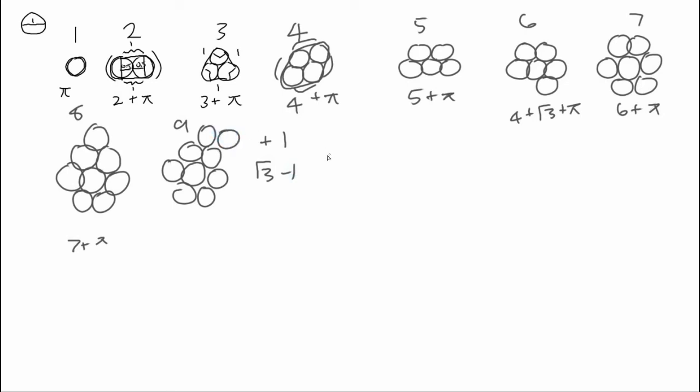That's actually smaller than 1, because 1 is equal to square root 4 minus 1, so square root 3 minus 1 is going to be smaller than that. So actually that's still the shortest, even though it doesn't look like it, and it looks weird. But it's further proof that in order to keep the shortest string to bind these cans, you want the cans to go around like this.